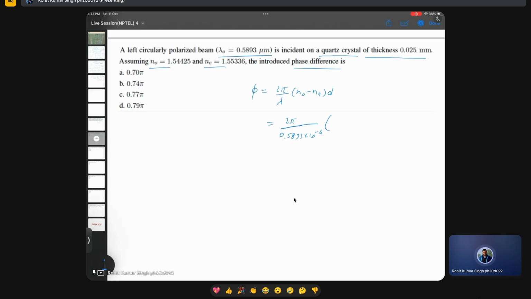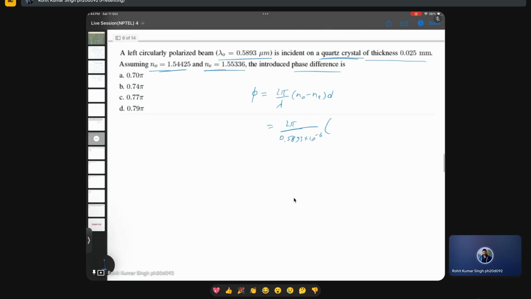One thing you can notice here: quartz is a positive crystal, so you have NE greater than NO. So this will be 1.54, 1.55, and the distance is 0.025 into 10 to the power 3 meter.